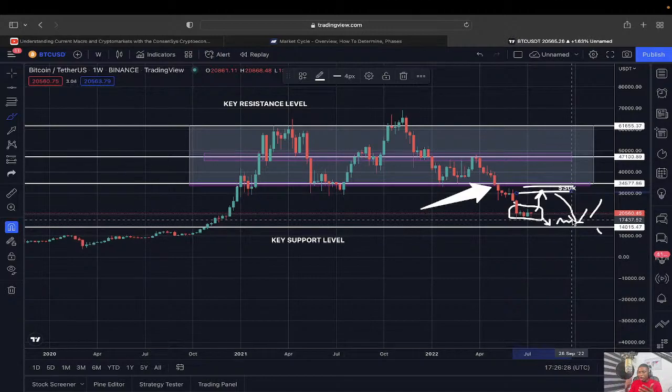We are looking out for market opportunities. And when this market opportunity shows up, what do we do? We go for it. And that is why we are taking our time to analyze this market.